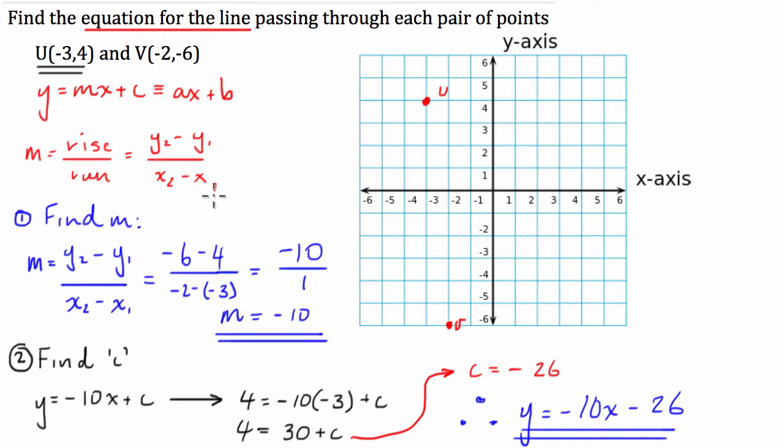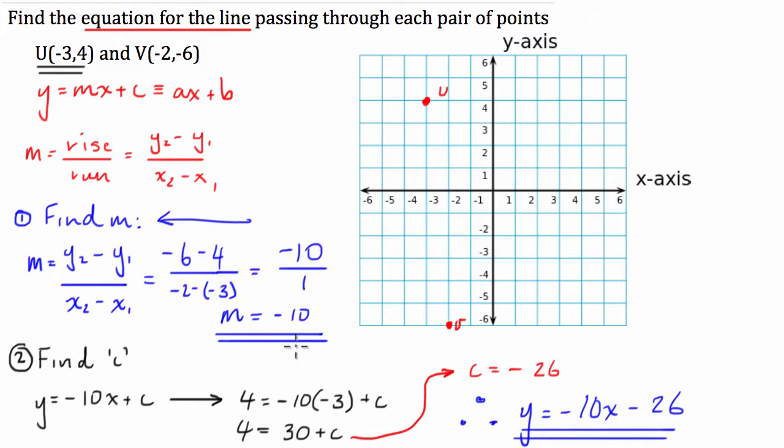Cool. So let's just quickly recap what we've done. When we have to find an equation for a pair of points, we do these two steps in this order every time. The first thing we do is find the gradient. So always do that first.